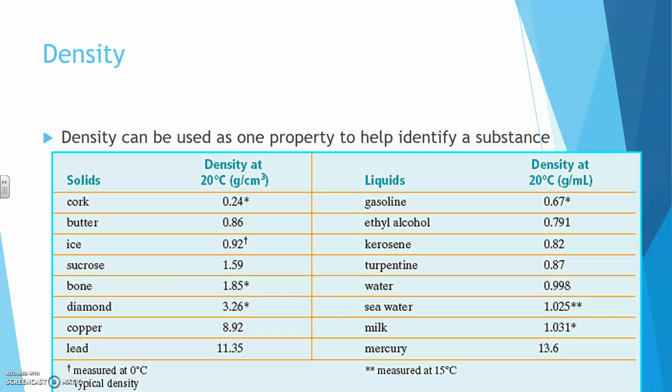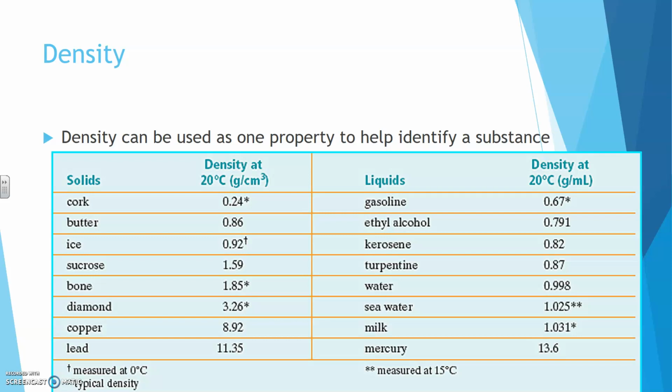You've got your solids on the left, liquids on the right. You can see as you look at this that generally your metals are denser than anything else. The densest one on here is mercury at 13.6 grams per milliliter. And then different substances like cork are your least dense.